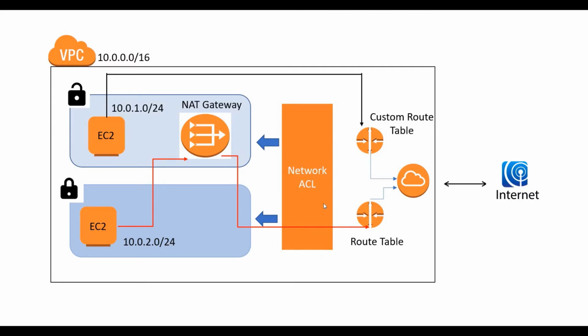Coming to the ACL, it is mainly meant for controlling which IPs can contact the subnets. We can fine-tune the IP addresses. By default it will allow all, but you can have a custom ACL where we can deny a few particular IPs from the sources. This kind of option we may not get in the security group.